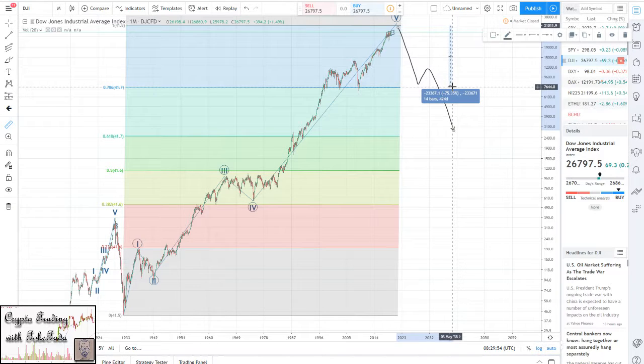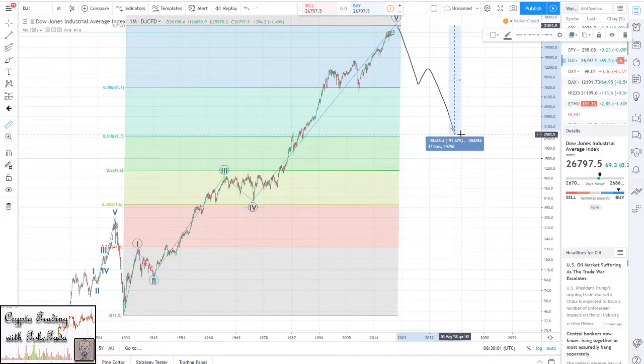So that's actually quite major. And then to think it would go even further is definitely taking it to the extreme. But this 90% is actually exactly what we saw in the great stock market crash in 1929 here. That was also a 90% decrease. So it's definitely not something that couldn't happen. And that would bring us to the 0.618 ratio here. So about, what would that be, 2,500?